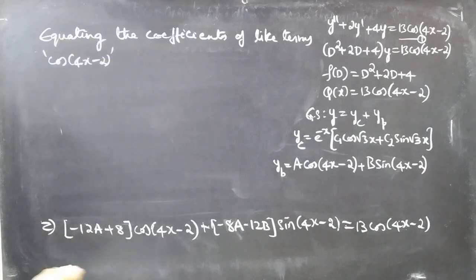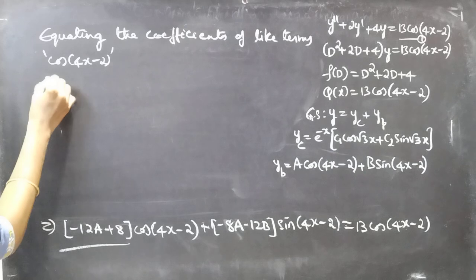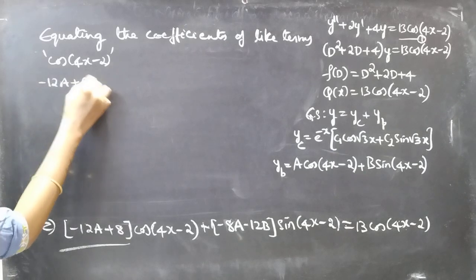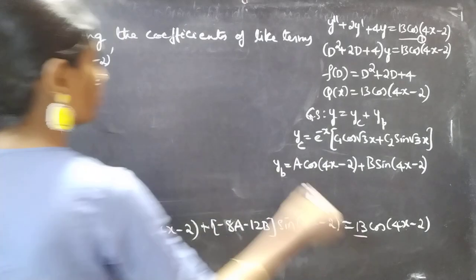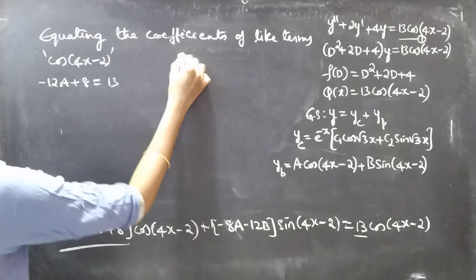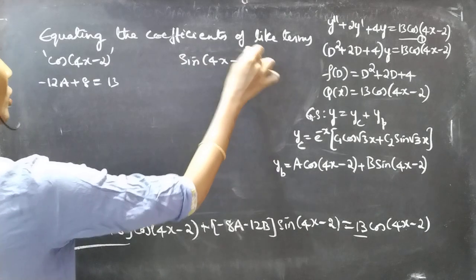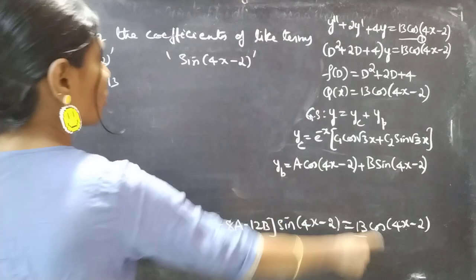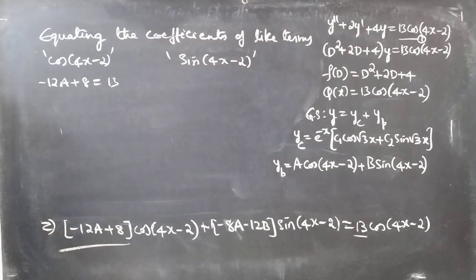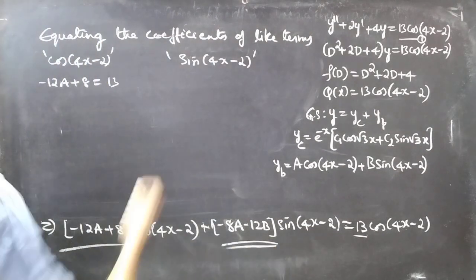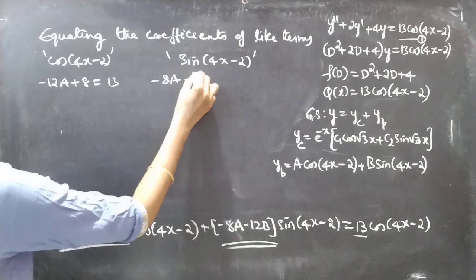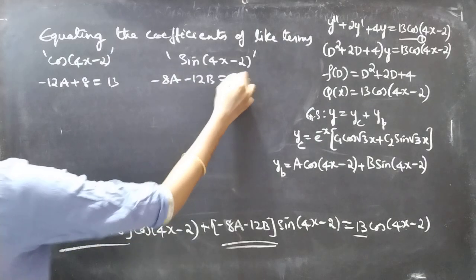Equate the coefficients of cos of 4x minus 2. You'll get minus 12a plus 8b equal to 13. Now equate the coefficients of sine of 4x minus 2. You don't have a term involving sine of 4x minus 2 in the RHS. So you'll get minus 8a minus 12b equal to 0.